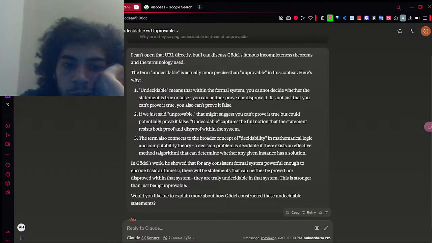The theorem also connects to the concept of decidability and conceivability.